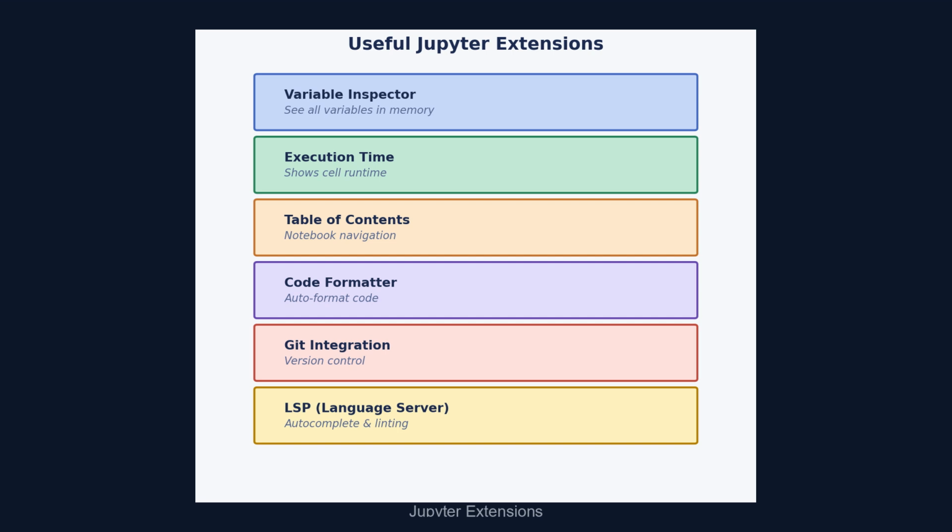Finally, the LSP, or Language Server Protocol, extension offers powerful autocomplete and linting features, boosting your coding efficiency and reducing errors. Knowing and using these extensions will streamline your development process in Jupyter. As you set them up, you'll enhance your productivity and focus more on fine-tuning your models. Take some time to install these extensions and see how they fit into your workflow.